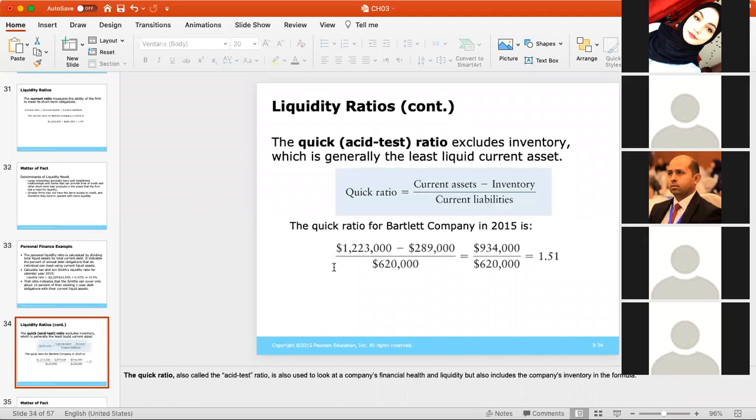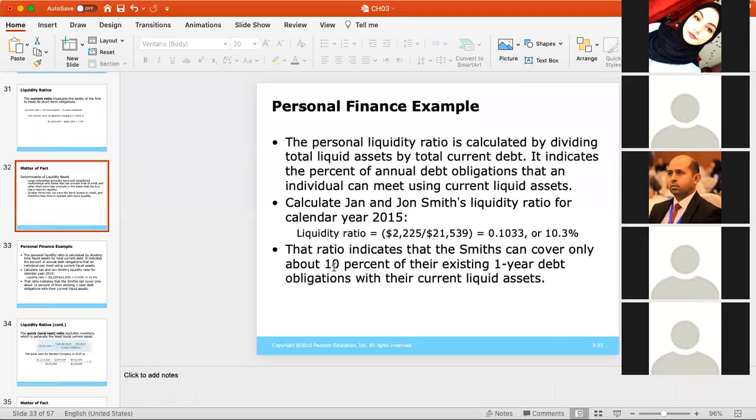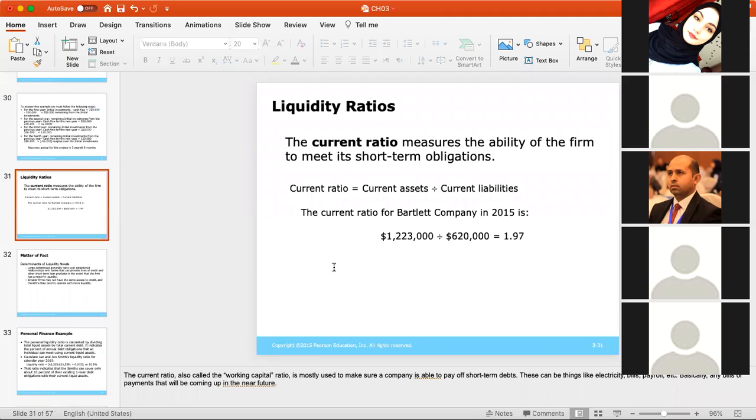So for the liquidity ratios, we have, first of all, the current ratio. The current ratio measures the ability of the firm to meet its short-term obligations. Sometimes we also call it the working capital ratio. It is mostly used to make sure that a company is able to pay off short-term debts.